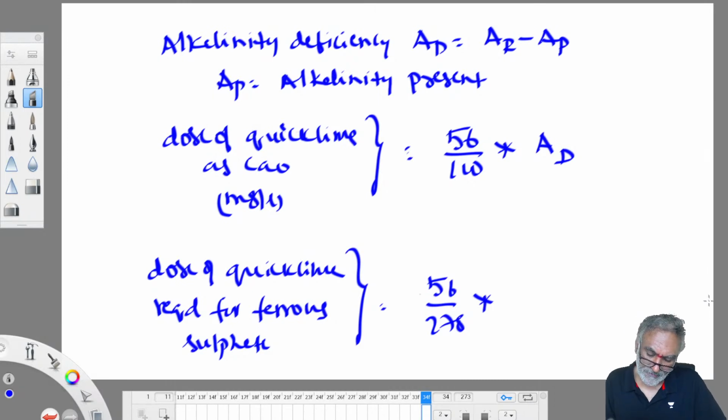So 1 part requires how many parts? Like that we work out: 56 by 278 into dose of ferrous sulfate.